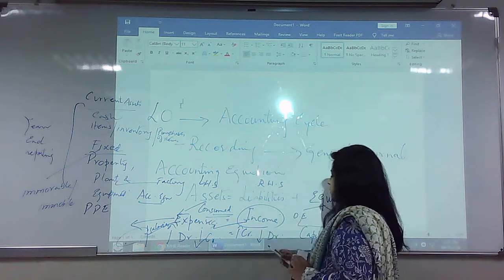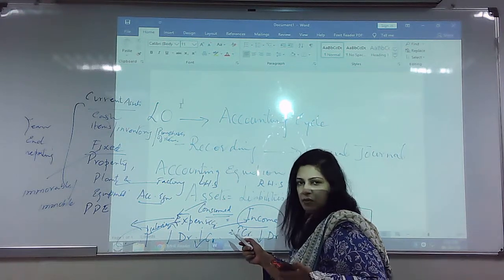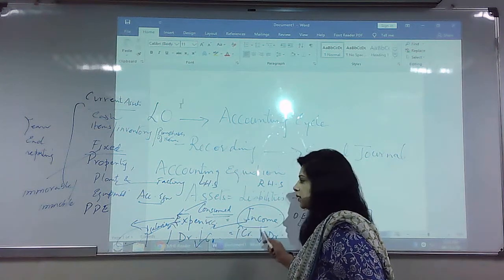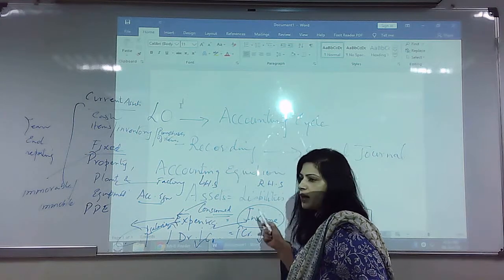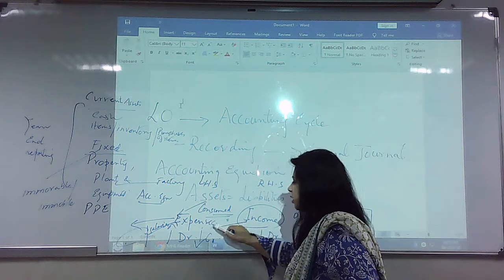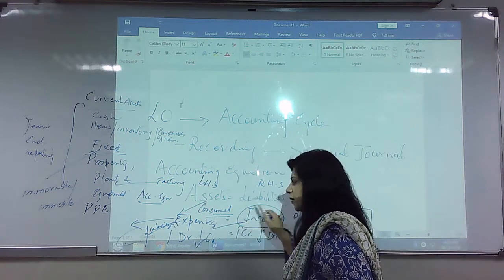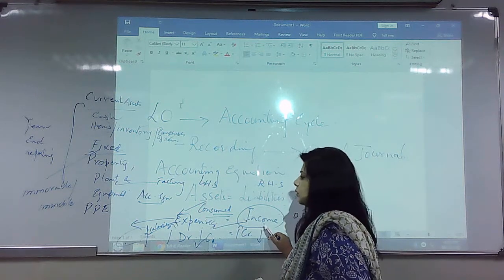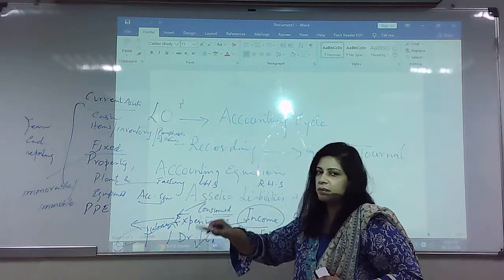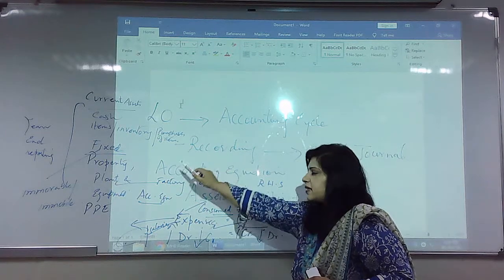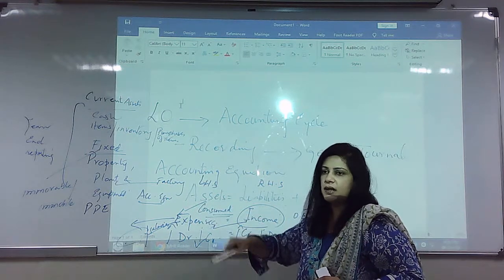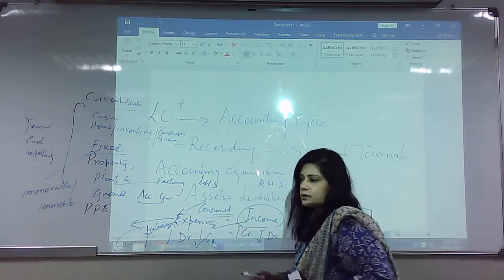Initially, just know that income is what money you have for one accounting period after you have earned it and you incur some expenses, and those have to be equal to each other. Left hand side will be equal to right hand side, and within one accounting period. So that means this will not last subsequent accounting periods. But an asset lasts subsequent accounting periods because it gives you benefit in future years, right?